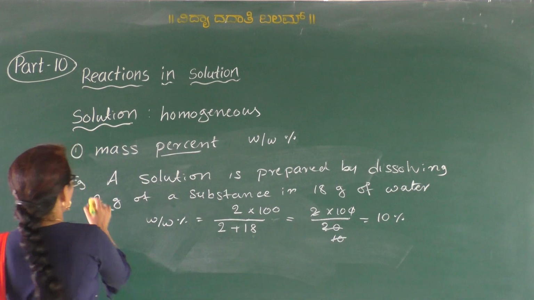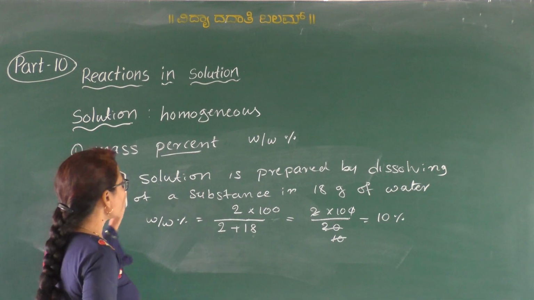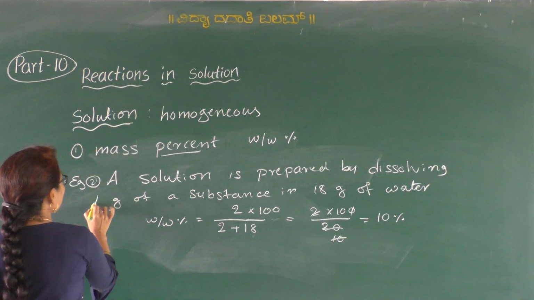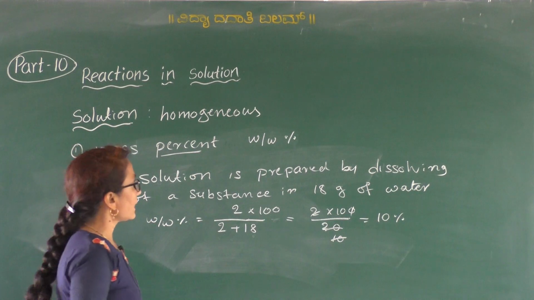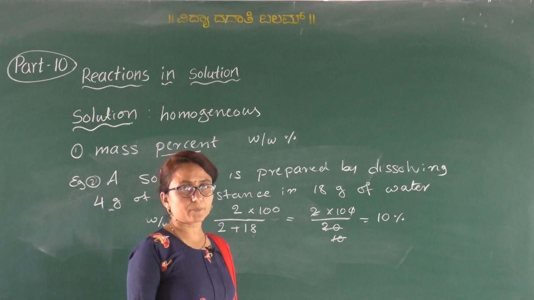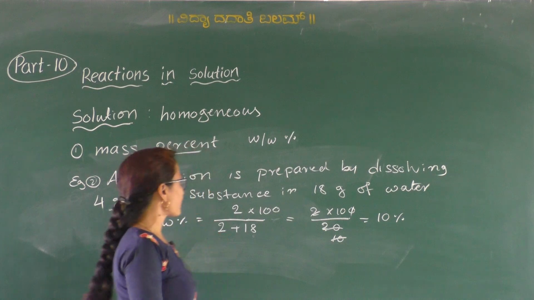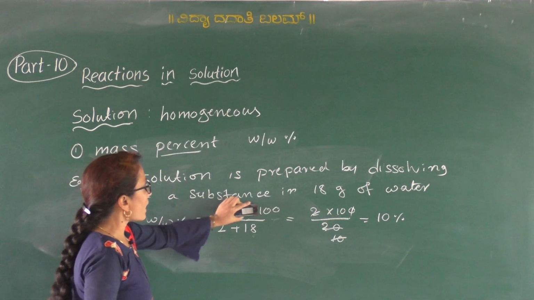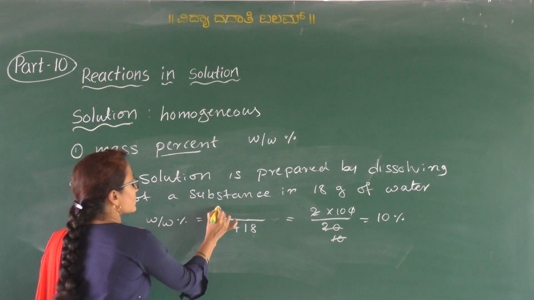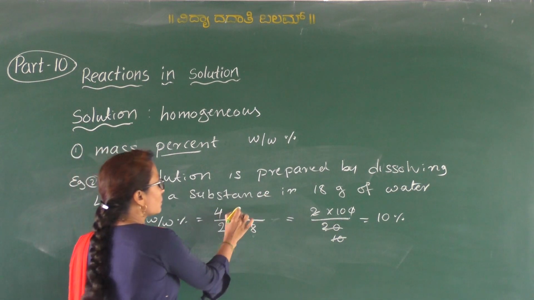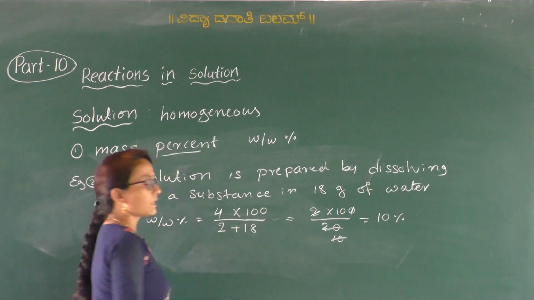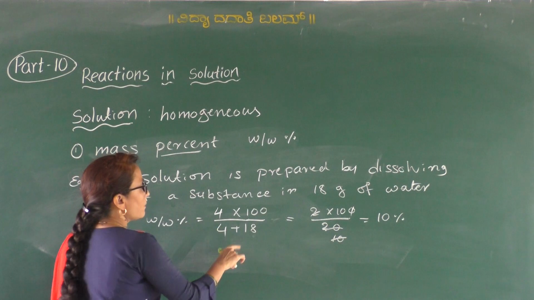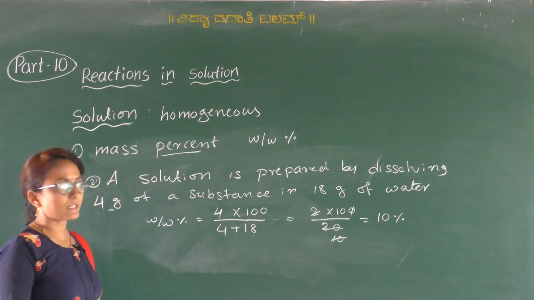Example 2. A solution is prepared by dissolving 4 grams of a substance in 18 grams of water. So now mass by mass percent is equal to mass of solute, which is 4, into 100, divided by mass of solute 4 plus mass of solvent, that is 18.